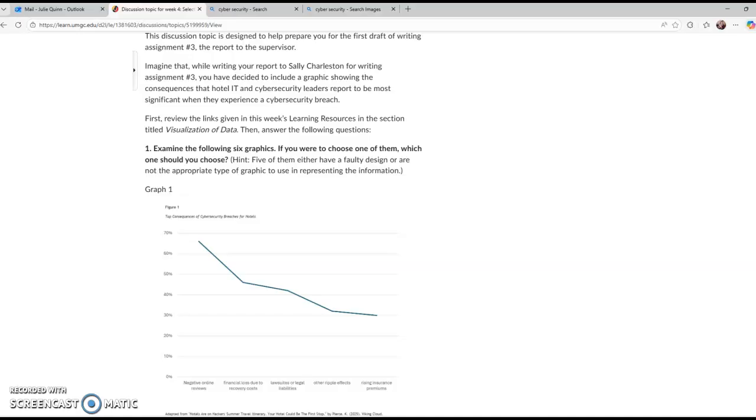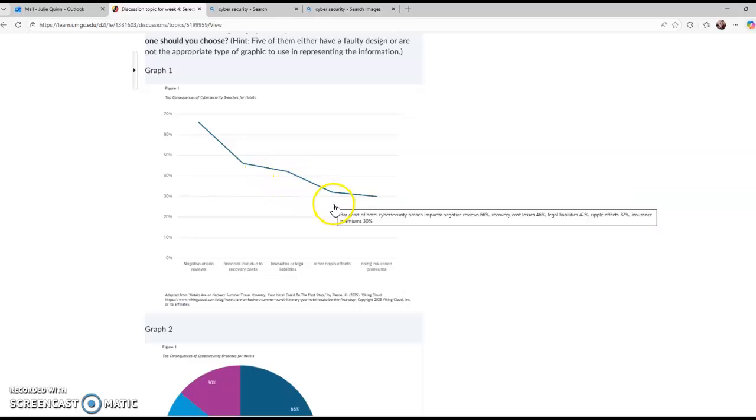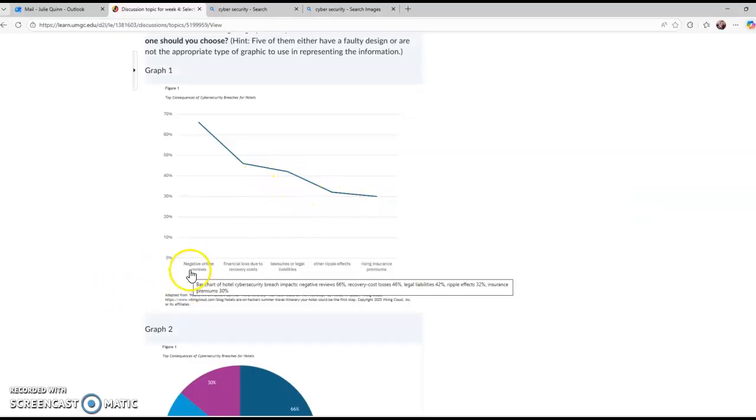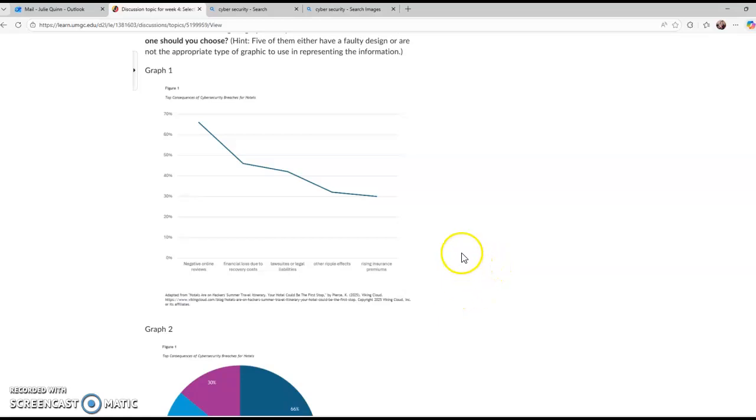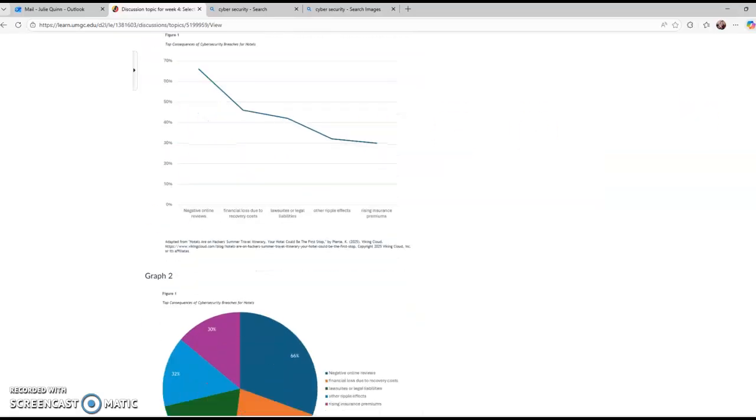But when you draw the lines together, it makes it look like there's a trend, generally speaking, over time. And that is not actually what's being conveyed. These are different categories of people saying what they consider the top consequences of cybersecurity breaches are. So this would not be a good graph to use.